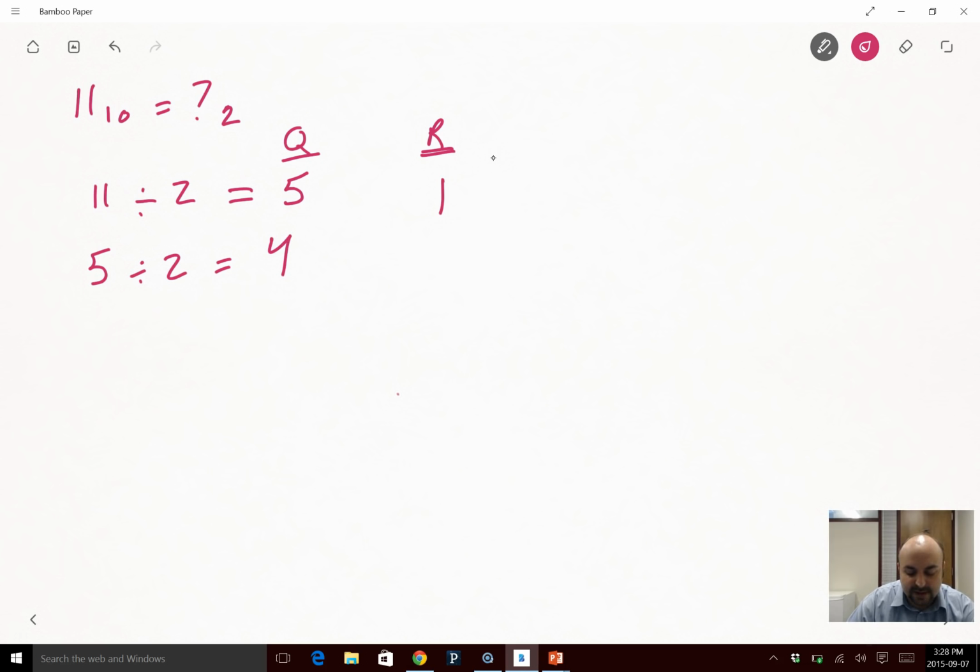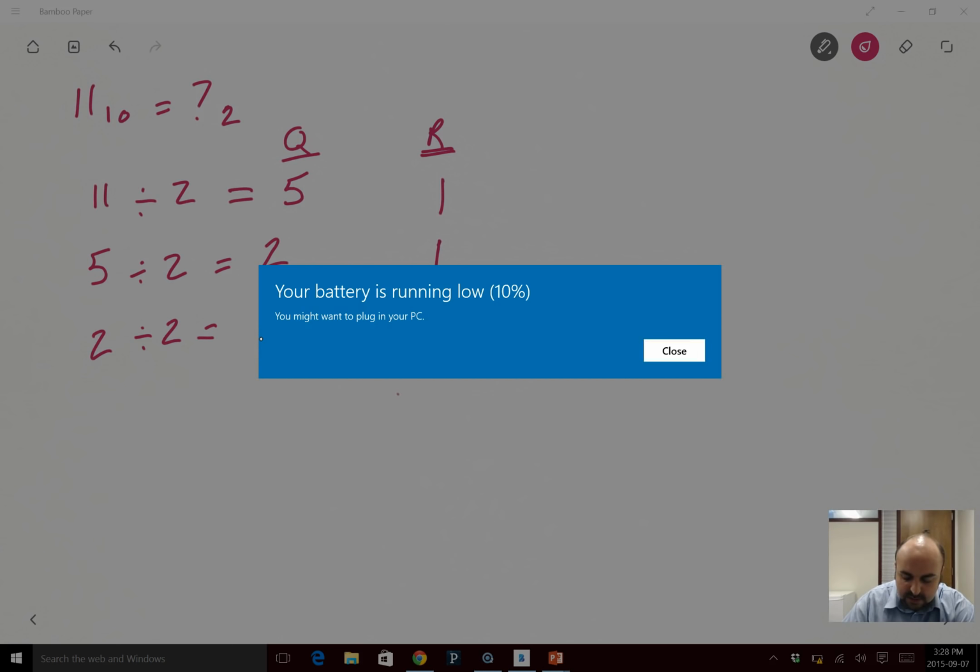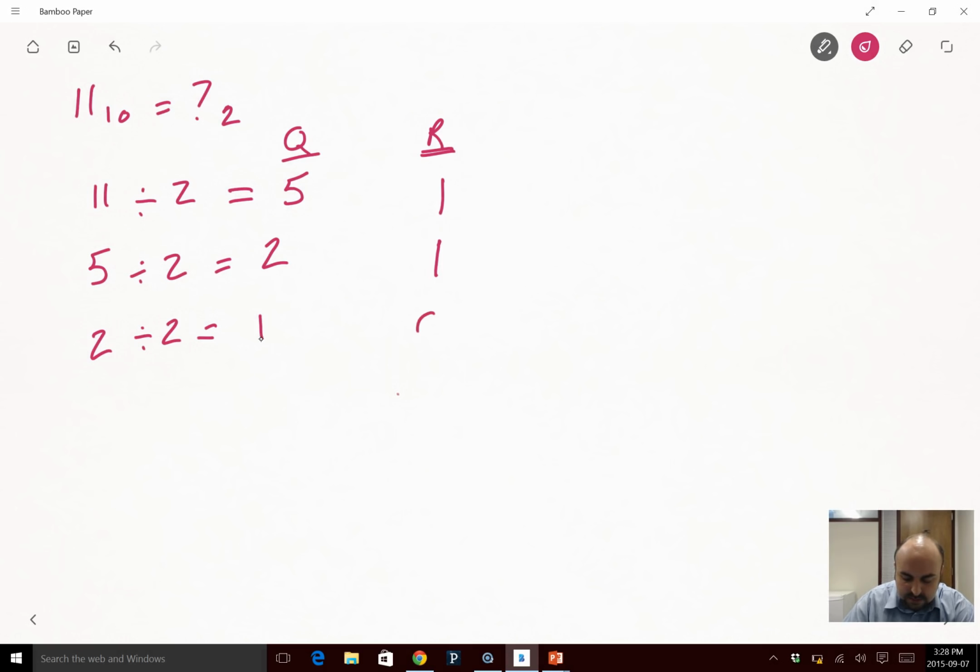2 goes into 5 2 times, and we're going to get 1 as remainder. Then we put the quotient back here. Now 2 divided by 2 is 1, and the remainder is 0.